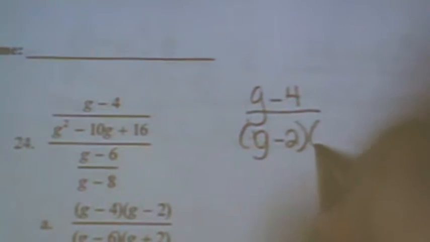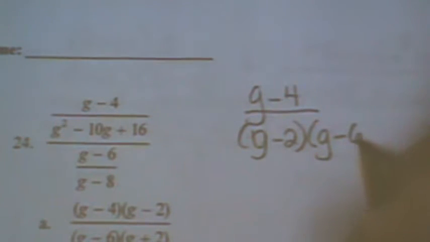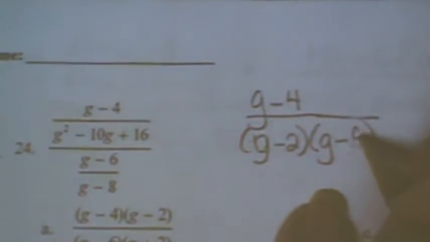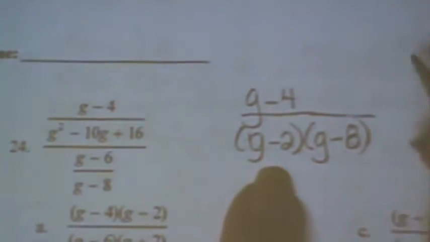What else? About 6 and 2? No. Nope, that's not right. 8 and 2. 8 and 2. 8 times 2 is 16, but adds to be 10.